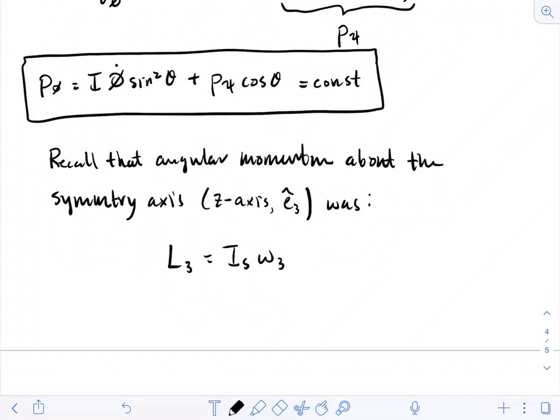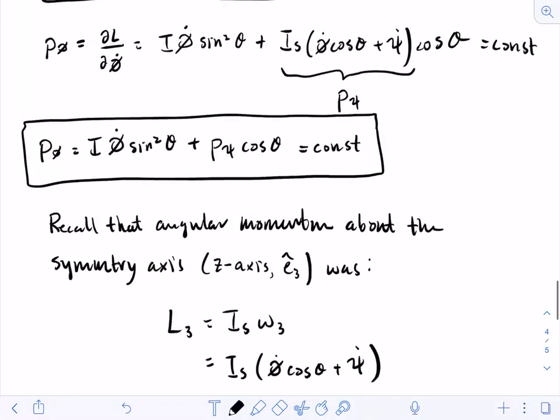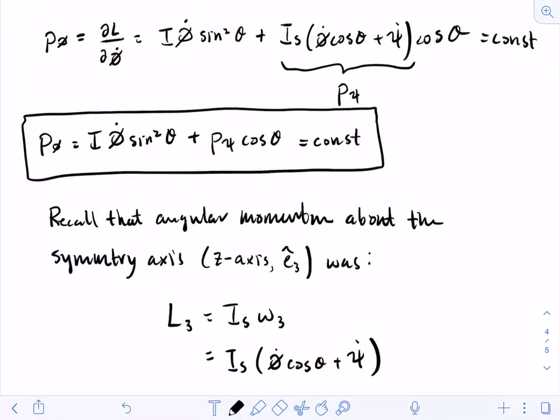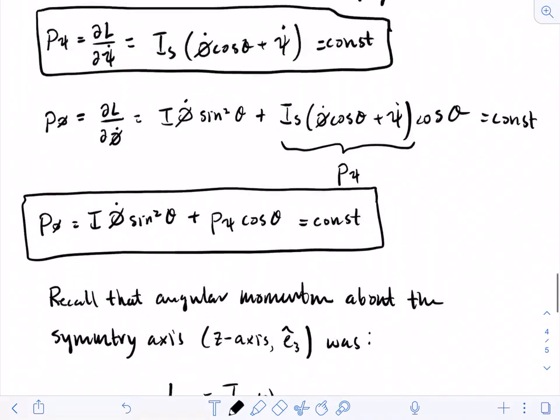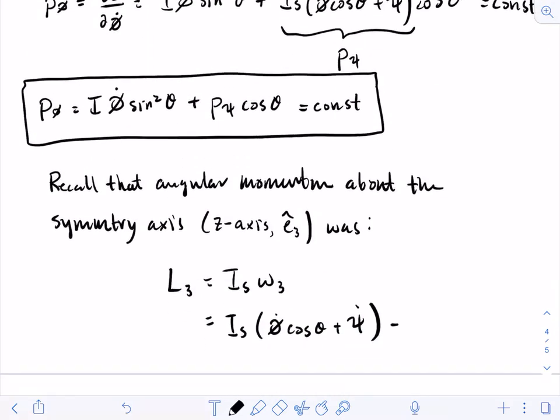We've already used omega 3 earlier in this video, and we had written down that it was phi dot cos theta plus psi dot. And if you look, this is exactly p psi. And so this is exactly equal to p psi.